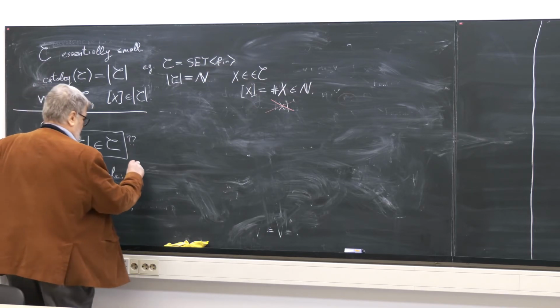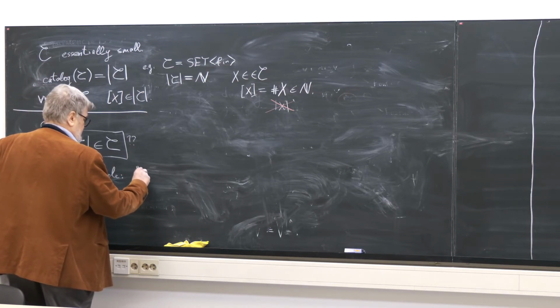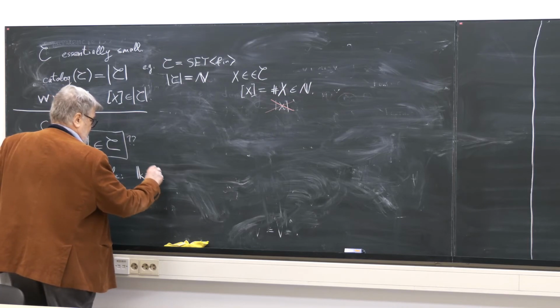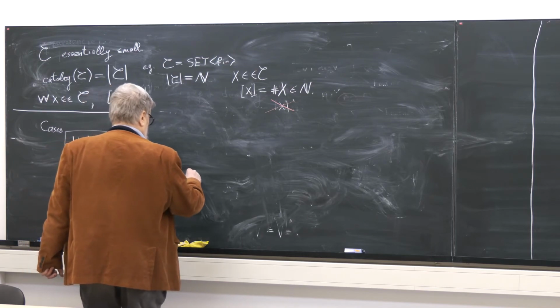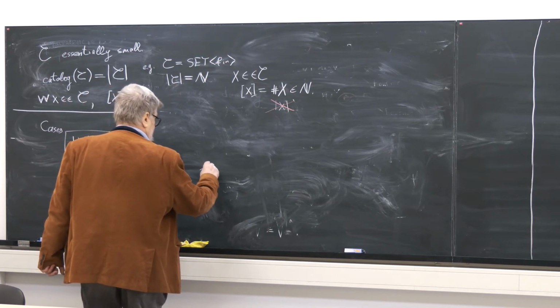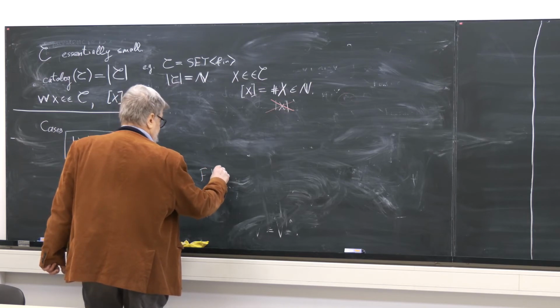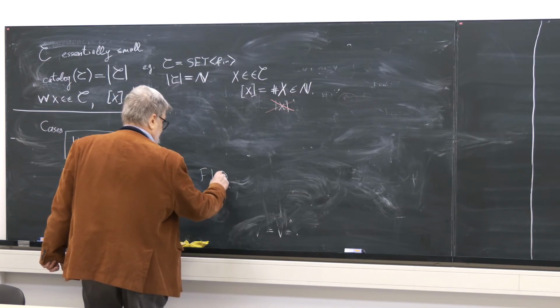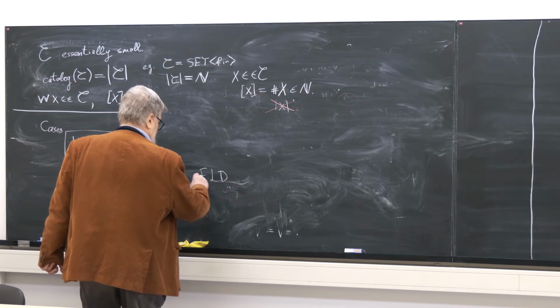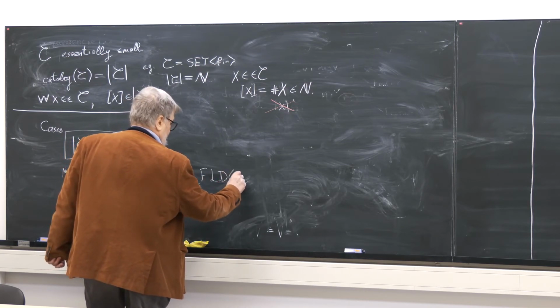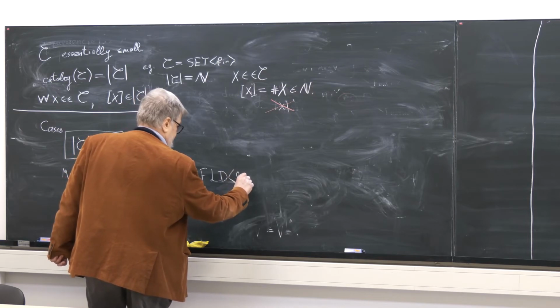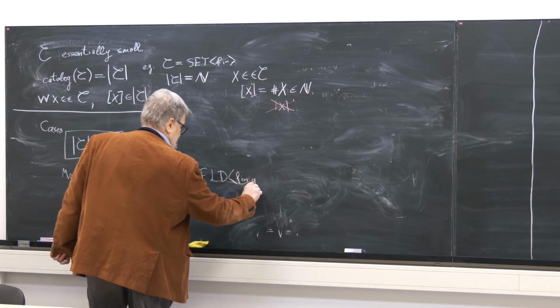Here, the main field K is supposed to be algebraically closed, and we consider the fields that extend K and are finitely generated.